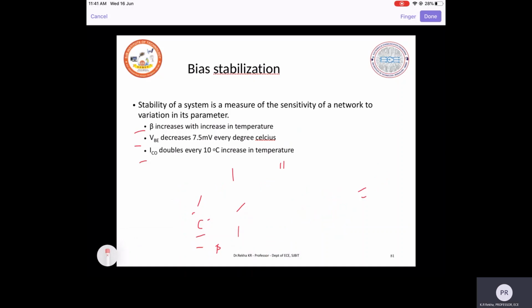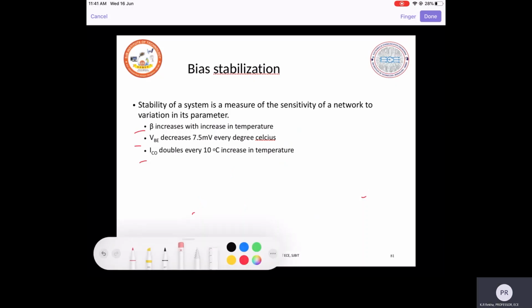So this is how we can represent the biasing stability of a transistor.